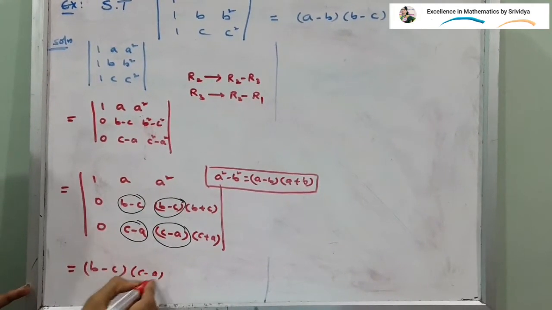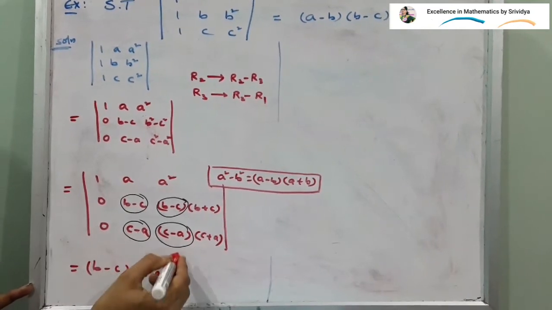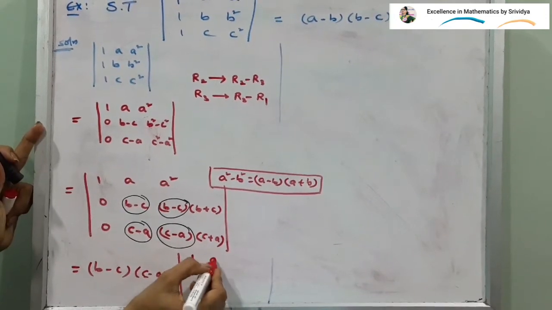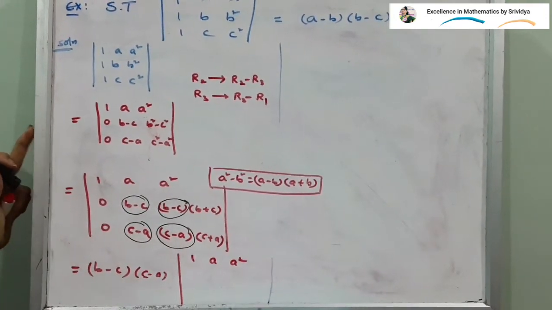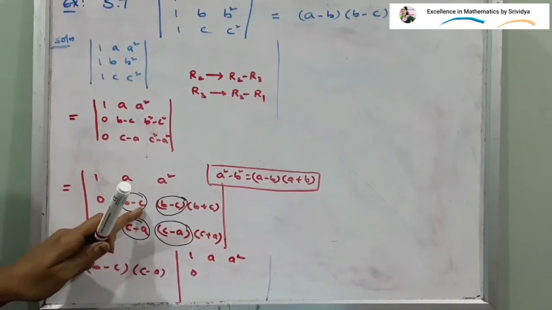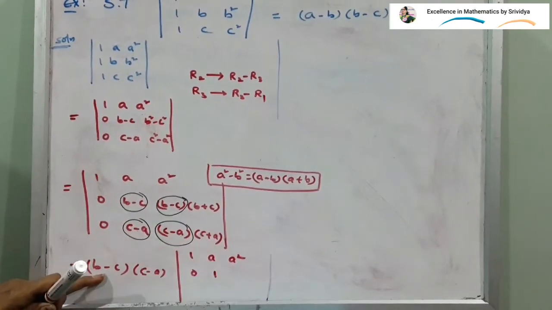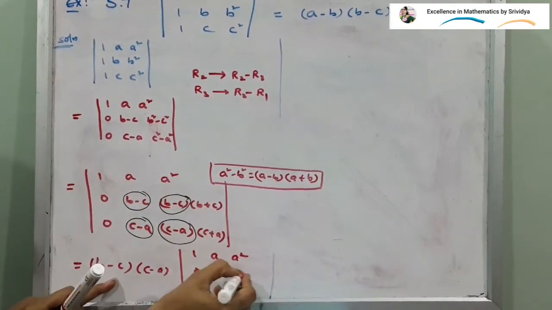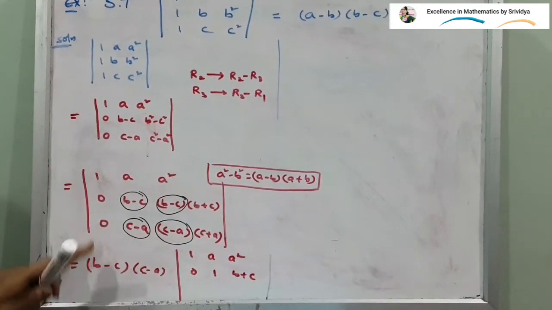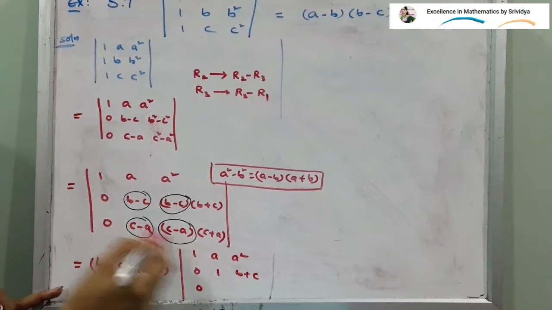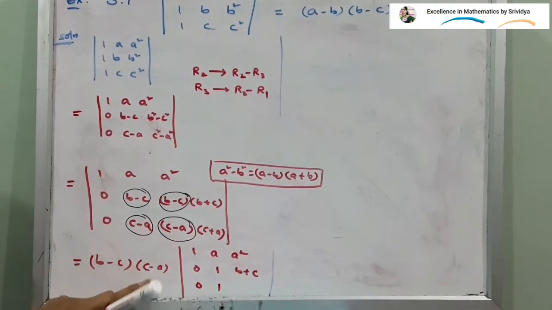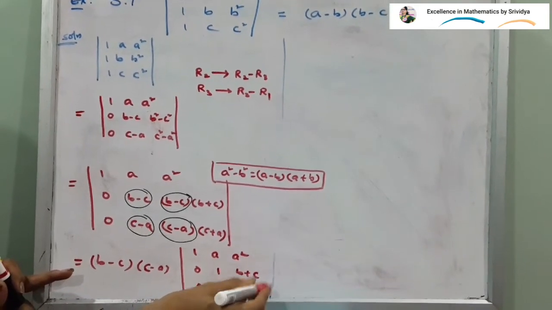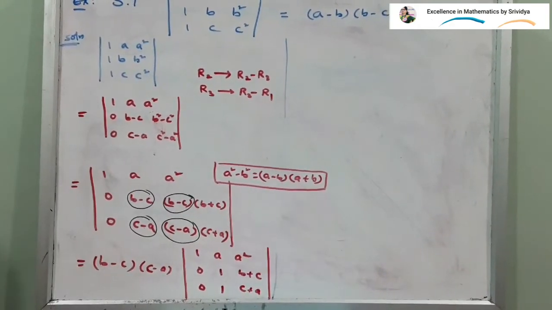So the determinant: first row is the same, 1, a, a²; b − c taken as common, the second row is 0, 1, b + c; c − a taken as common, the third row is 0, 1, c + a.